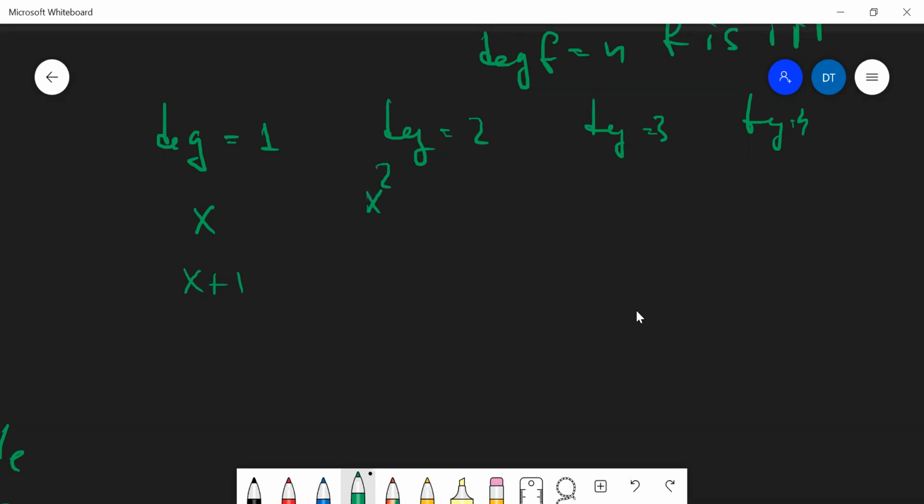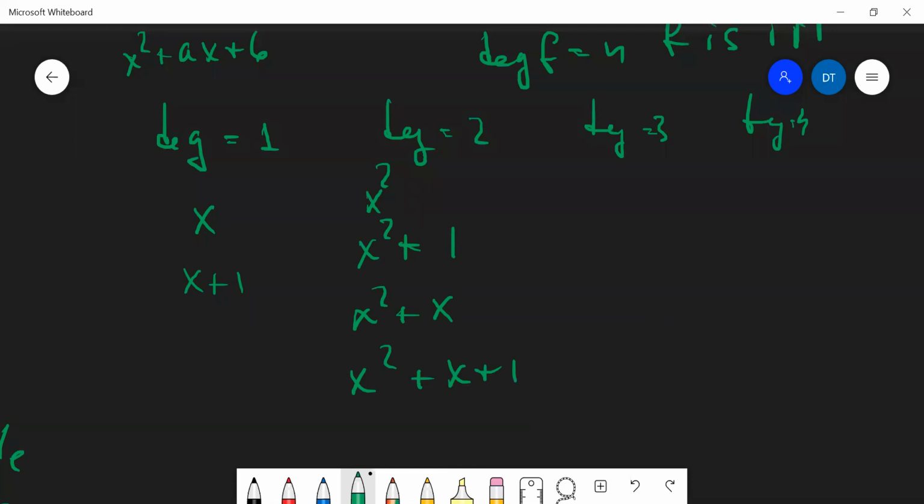It's x squared plus, and here we have to write all possible options for the other terms. So you have x squared plus ax plus b, where a and b go through all the elements of Z2. So there are 4 options: x squared, x squared plus 1, x squared plus x, and x squared plus x plus 1.